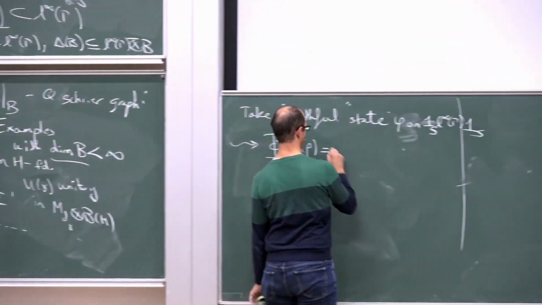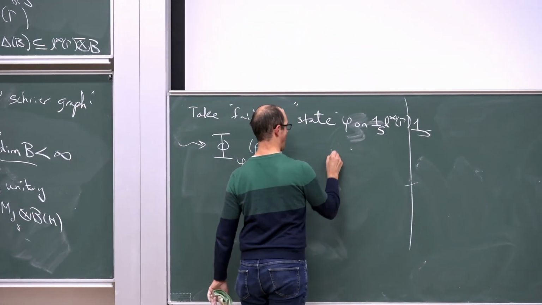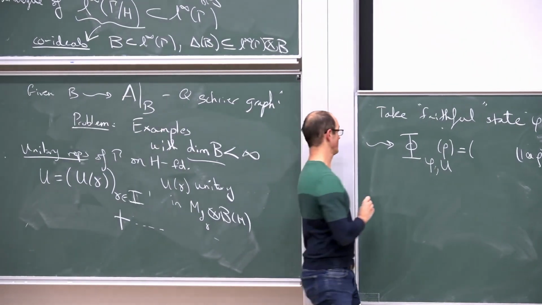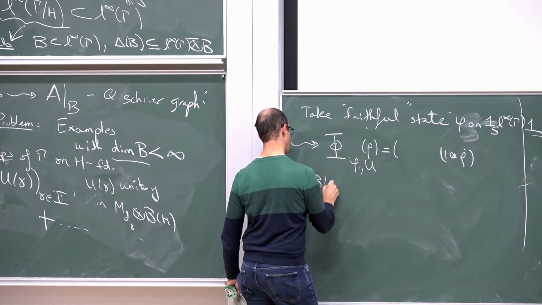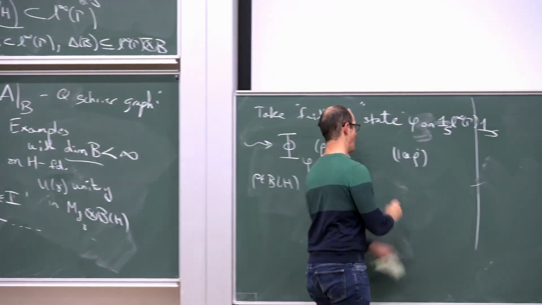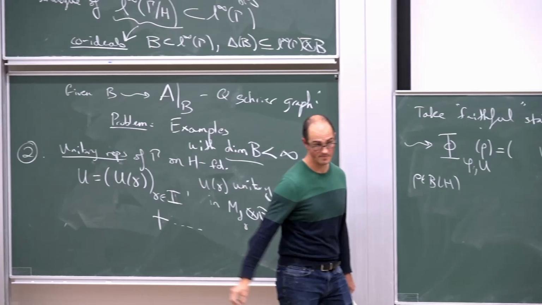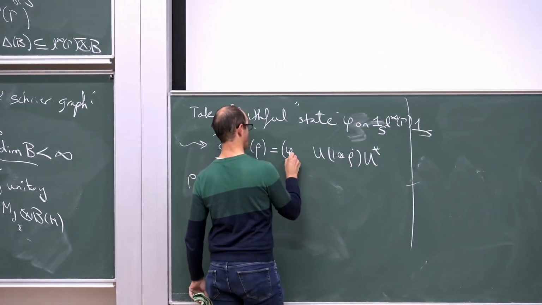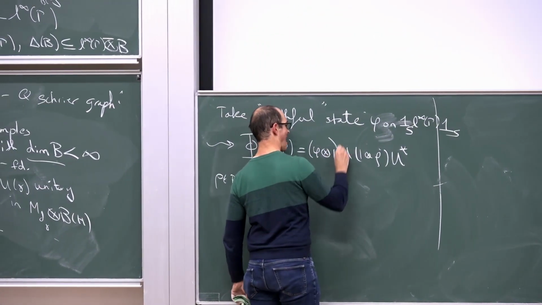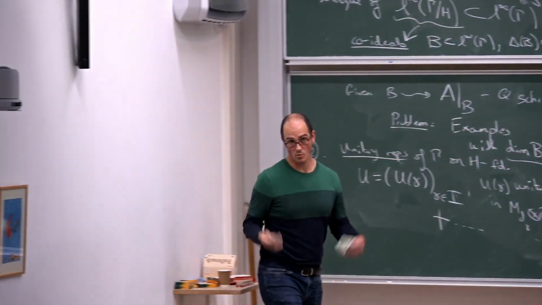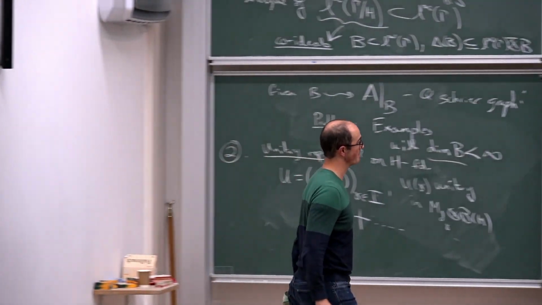What I do is I take my input state rho in B of H, which is going to be finite dimensional, and I conjugate by U. And then I basically average this conjugation against my quantum probability, phi.